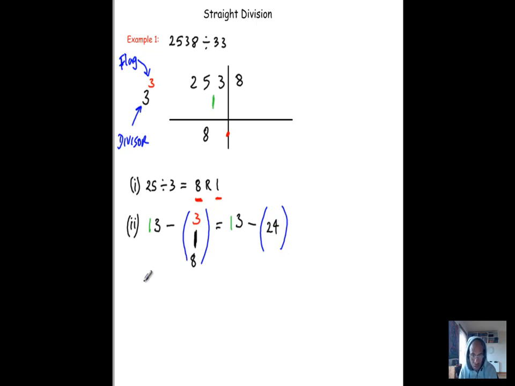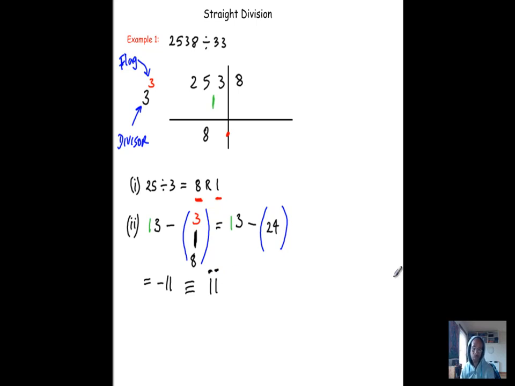You say, well, actually, where'd you get that from? You can see where I'm getting it from. 13 take away 24. If I got 13 and I want to take 24, I've got minus 11. So I'm going down. So this minus 11 I can write like that. Or I can also write it like this. 1, 1, 2 bars on the top.